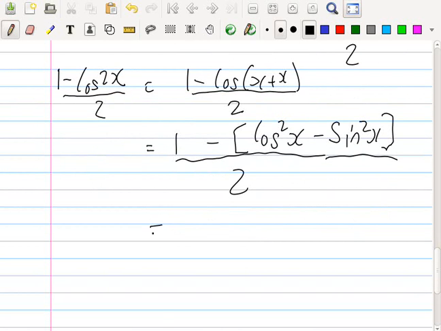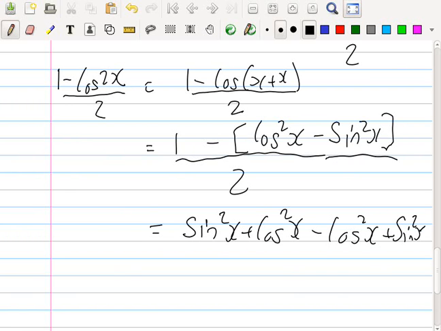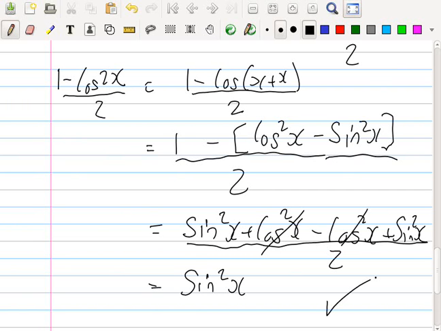So what do you think we should do next? Well, I think this 1 should be changed. Sine squared x plus cos squared x minus cos squared x plus sine squared x, all over 2. What happens to the cos squareds? They go. Sine squared plus sine squared, 2 sine squared over 2, which is what they ask you to show in the question. So again, that one's done.